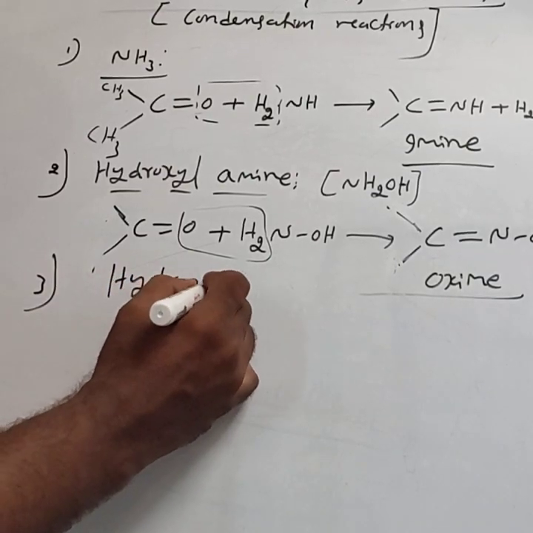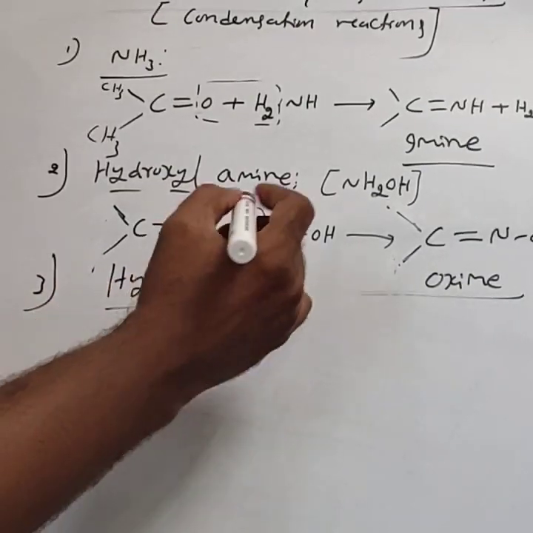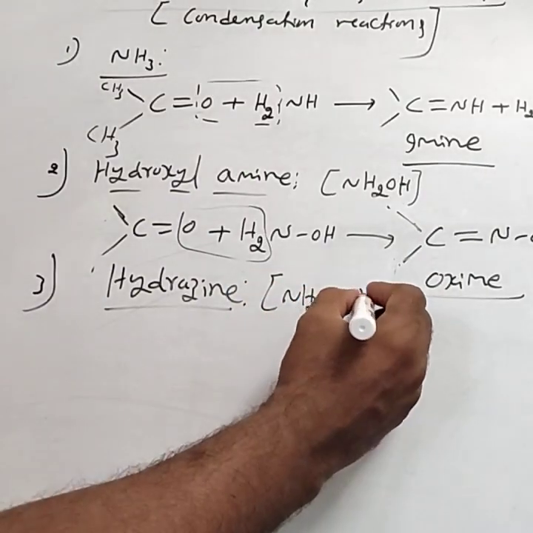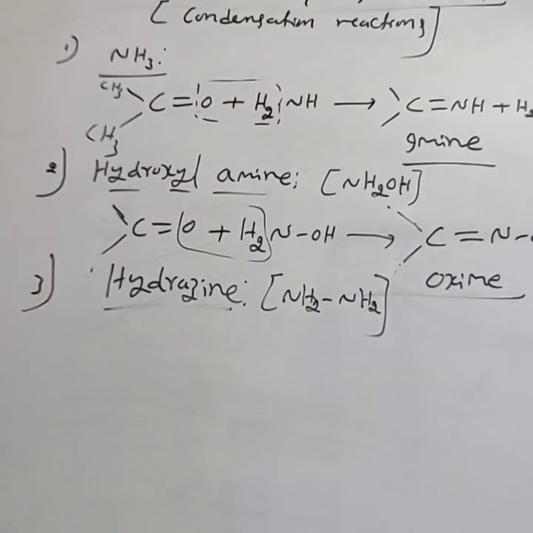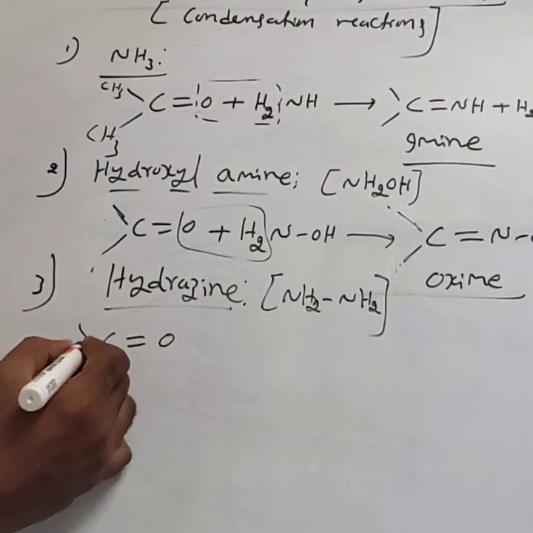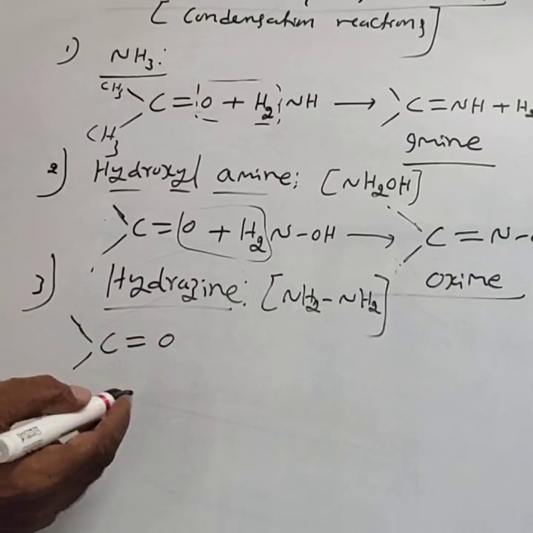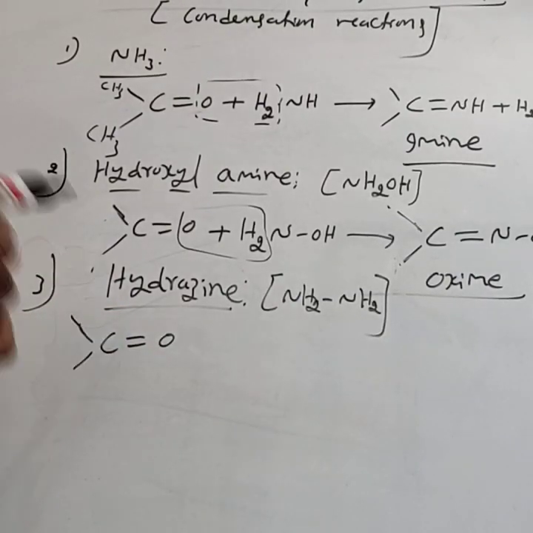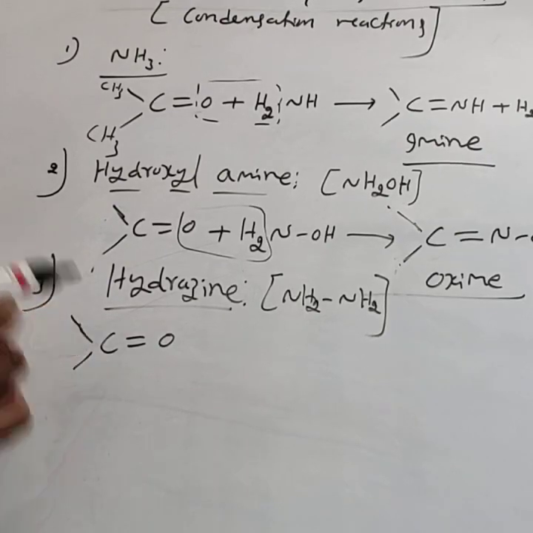Next one, hydrazine. The hydrazine formula is NH2NH2. If I consider C=O, what is the name? It is nothing but a carbonyl compound.